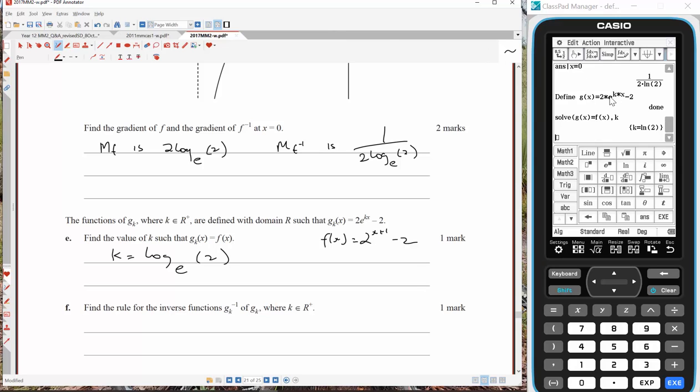So that's basically saying that if I jam that into that, it'll look like f of x. Let's just see if that happens.